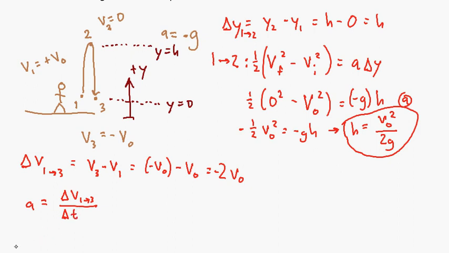This is just taking delta v equals a delta t, right? But the form we actually want is to solve for delta t because we know a. So delta t equals delta v from 1 to 3 over a, which is negative 2 v naught over negative g.